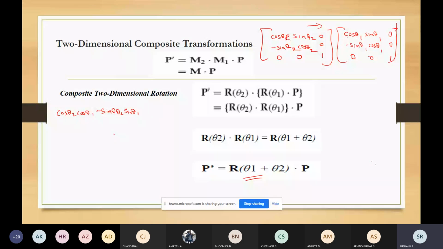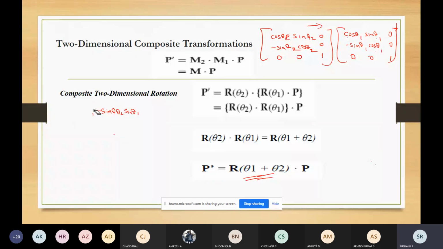Again the same way, cos theta 2 sin theta 1 plus sin theta 2 cos theta 1 plus 0. This is just matrix multiplication. If you multiply this, the rotational term will be the addition. You can just try this out.